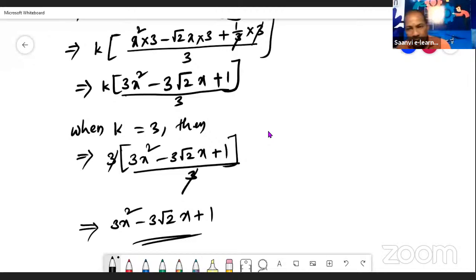So this is the required polynomial. Okay, children. So in the same way, you complete the remaining problems.